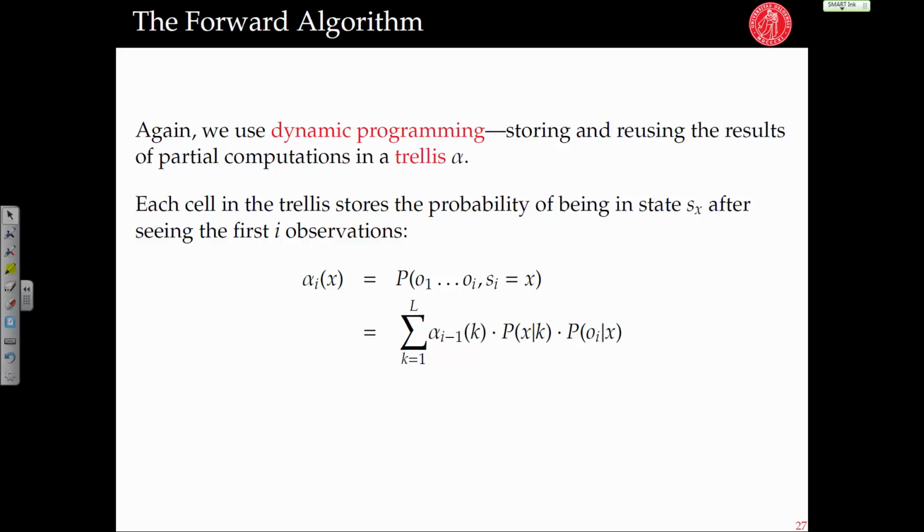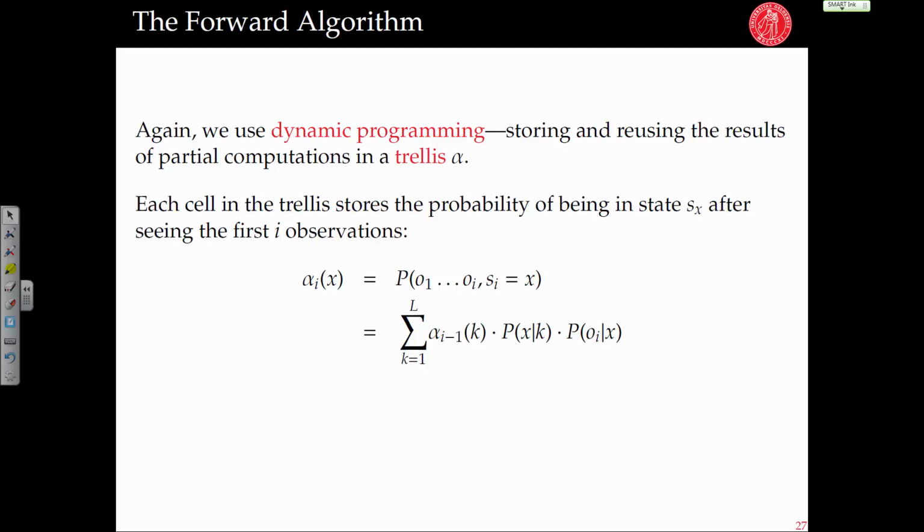If you contrast that to Viterbi, there we were saying maximum probability of state x at time point I. Here we're saying the probability, no matter which path: we want to take all the possible paths that will lead us to this state and sum them together.